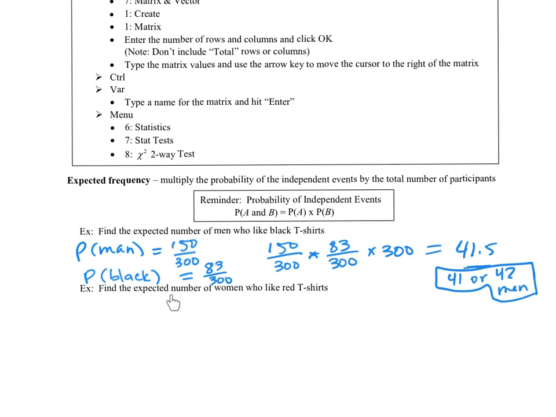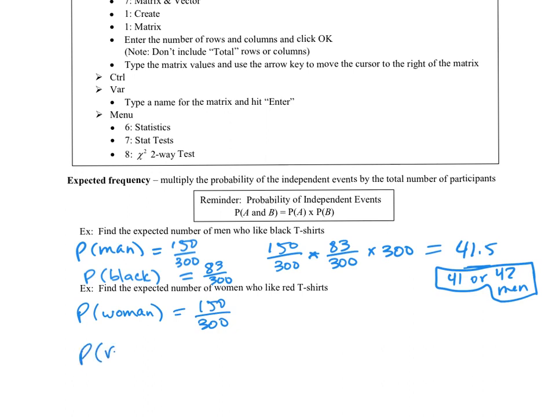This time let's find the expected number of women who like red t-shirts, okay? So the first thing we need to do is calculate the probability. That would be the probability that the person you choose randomly is a woman and likes red t-shirts. So taking those one at a time, the probability of choosing a woman at random would be 150 women out of 300. Again, these numbers are coming from the table, okay?